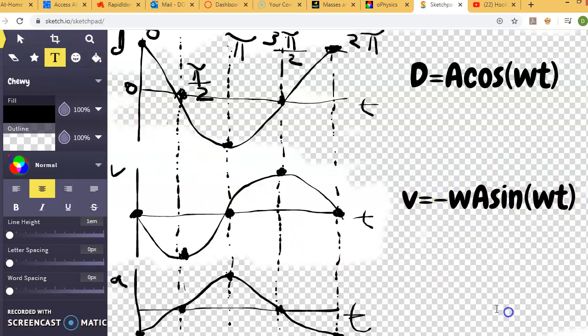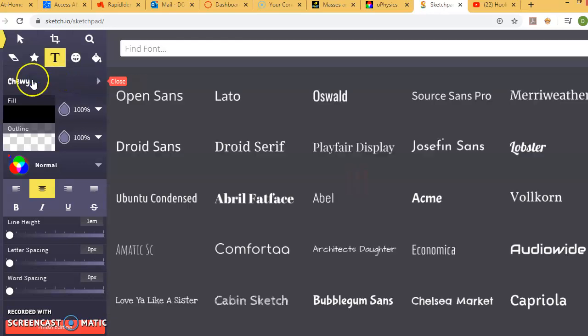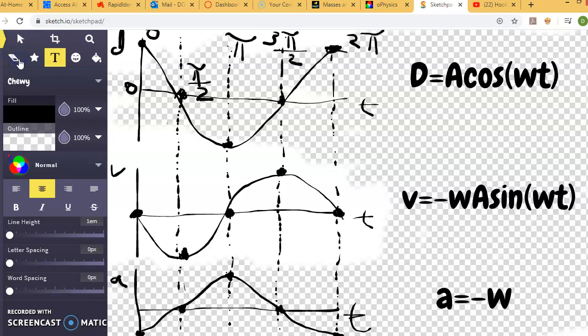And then acceleration. There is an equation. What type of graph is this down here? Well, it looks very much like a negative cosine graph. For those of you who are, how do I do squared? Let me cheat real fast.